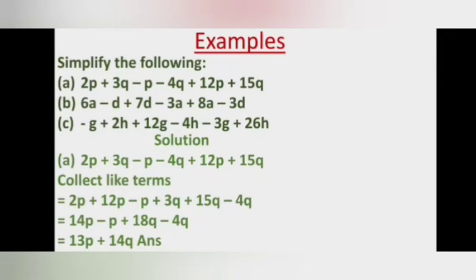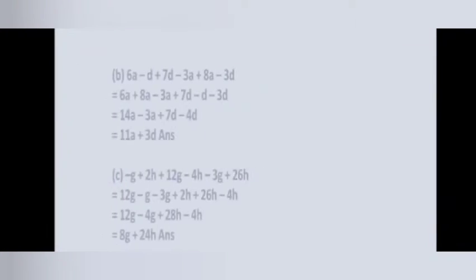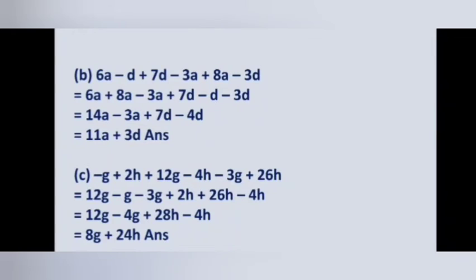Now let's take the second example. I hope you're ready for that. We have B, 6a minus d plus 7d minus 3a plus 18 plus 8a minus 3d. Like I said, you gather all the terms with a positive sign.